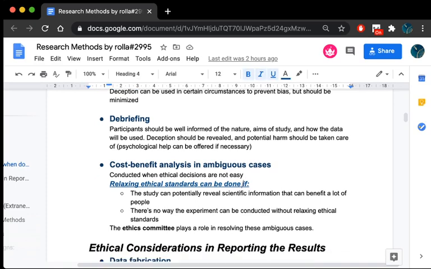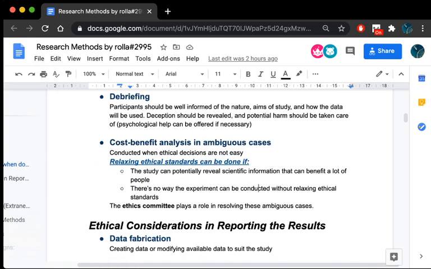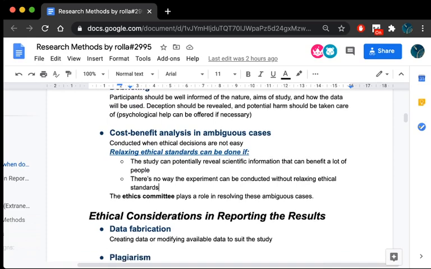Then last but not least, we have cost-benefit analysis in ambiguous cases. So there are some circumstances when relaxing ethical standards can be done. For example, after analyzing, if there is a chance that the study might have a significant, very good positive effect in society, then maybe deception can be done just for the study, for the future good.